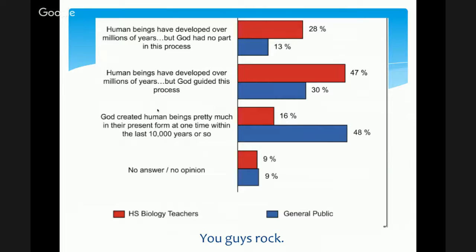And then on the other end, God created human beings pretty much in their present form at one time within the last 10,000 years. That's a strict, dogmatic, literal interpretation of the Genesis story. And you can see that in the general public, 48% of people agree with that. So that's a problem.